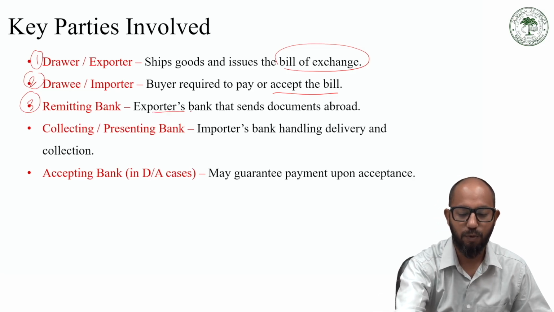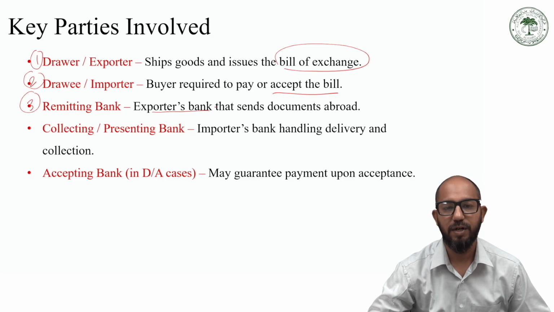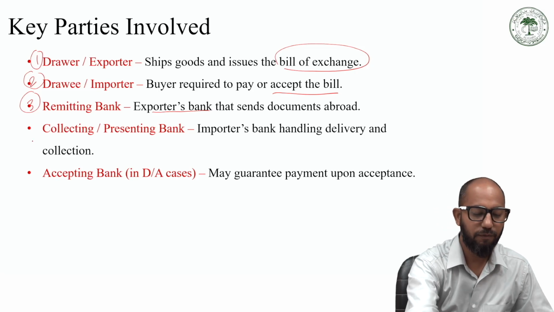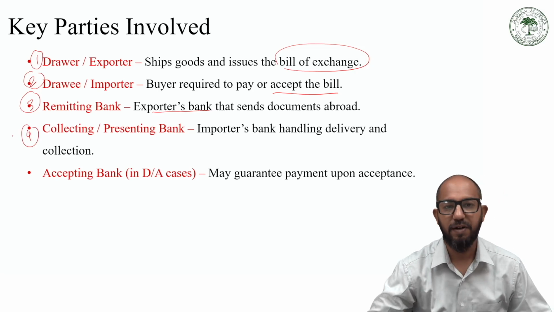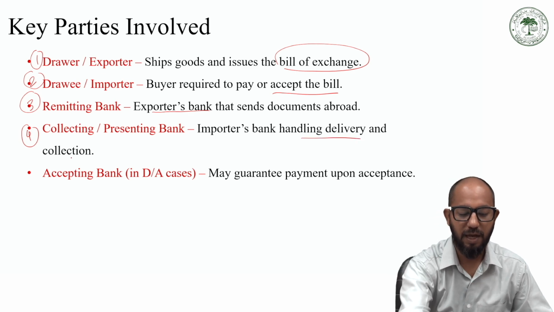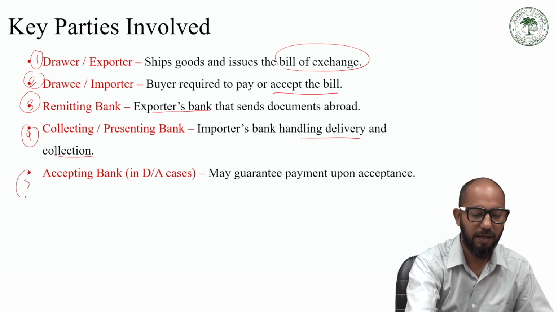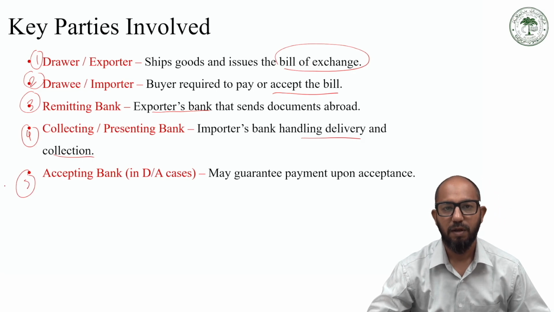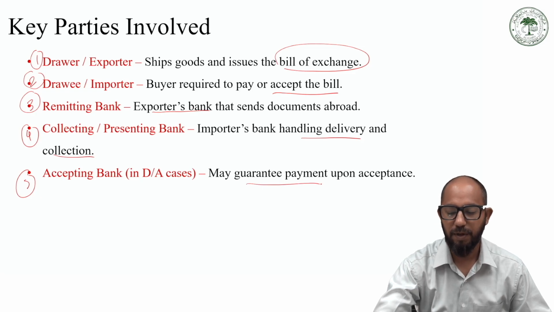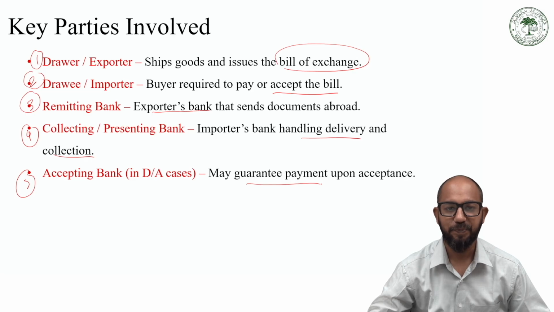This is the exporter's bank that sends documents abroad. The fourth is the collecting or presenting bank. It is the importer's bank handling delivery as well as collection. And finally, accepting banks, in cases of acceptance where there may be a guarantee of payment upon acceptance. All these parties together form the URC and they are regulated as per the URC.